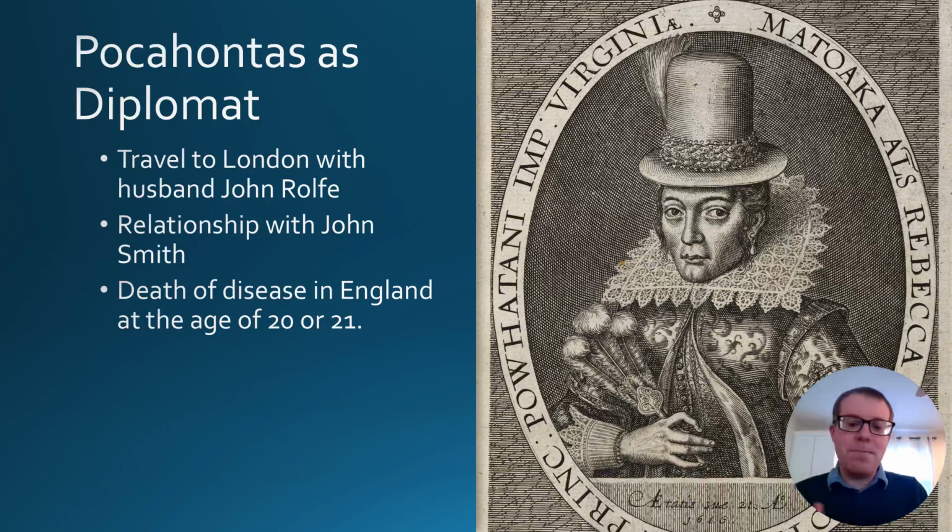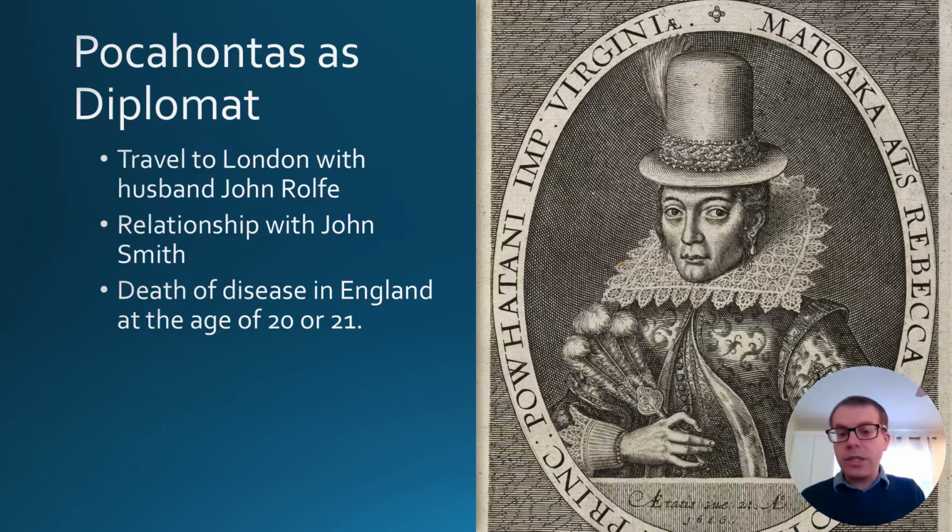And she actually meets John Smith in England, and has a personal feud with John Smith because of John Smith's recent involvement with the war between the English and Powhatan Confederacy. She almost sees that John Smith betrayed his word that he would be a friend to the Powhatan Confederacy.